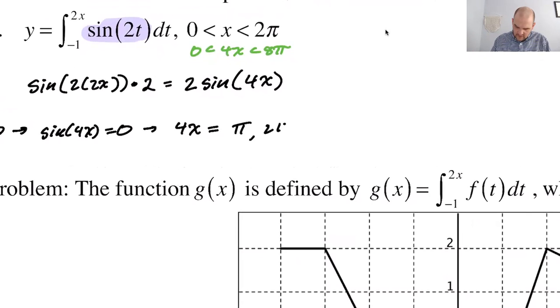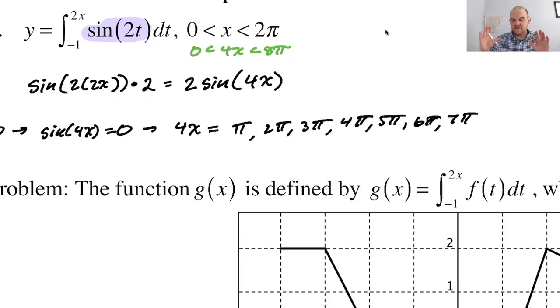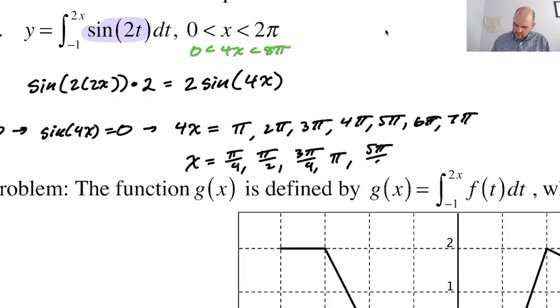Pi, 2 pi, 3 pi, 4 pi, 5 pi, 6 pi, 7 pi, but I don't want 8 pi because it's thankfully an open interval. So that means that x is pi over 4, pi over 2, 3 pi over 4, pi, 5 pi over 4, 3 pi over 2, and 7 pi over 4.